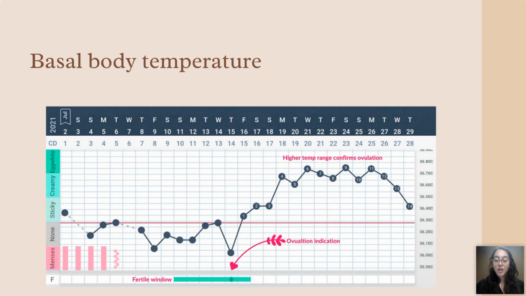The most important thing to know here is there is a rule that these 3 temperatures, so you'll see here number 1, number 2, number 3, need to be higher than the previous 6 temperatures for ovulation to be confirmed. If you have a spike and then it goes back down, that's not confirming ovulation. So you can have some spikes throughout the cycle, but it needs to be a sustained rise.